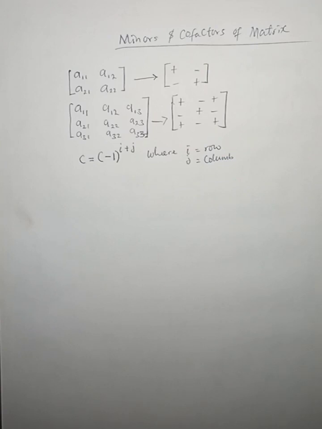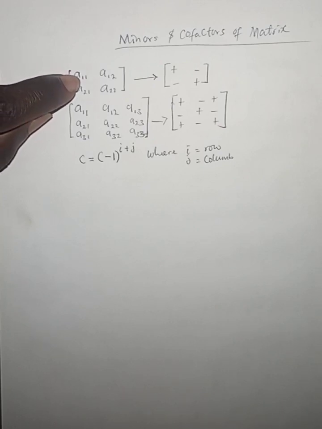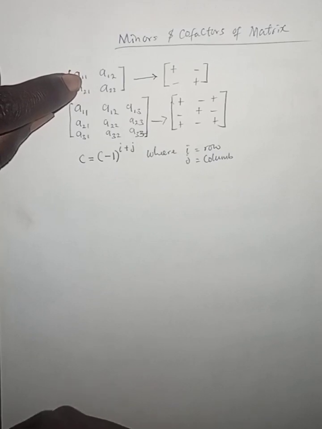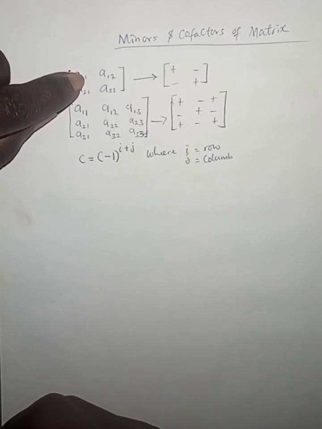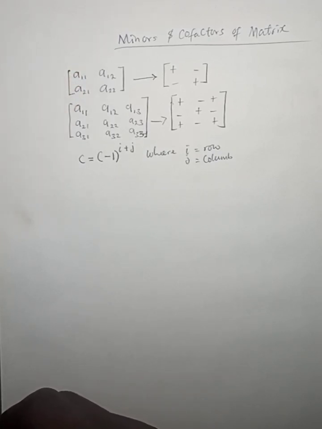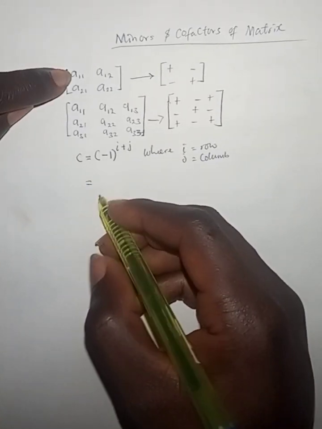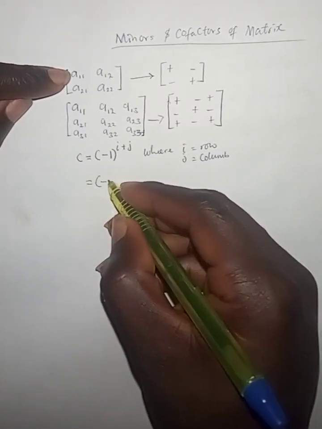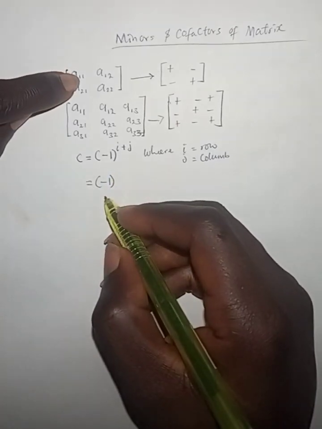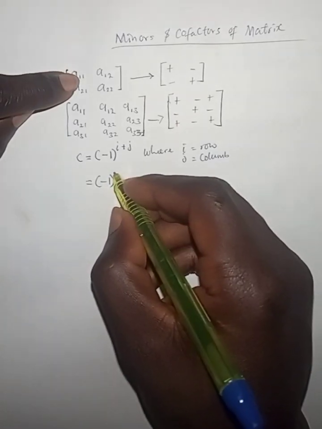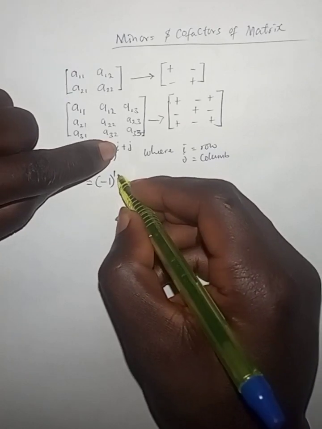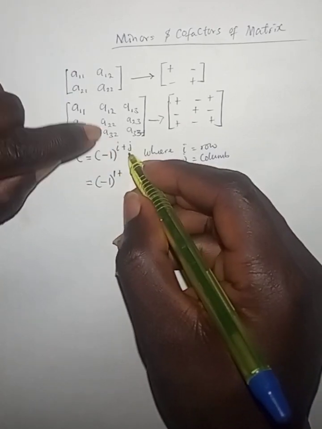We pick each element in a given matrix. We check which row and which column it's in. So for this one here, it is at the first row, so we'll put 1, which is the i, plus j, which is the column.